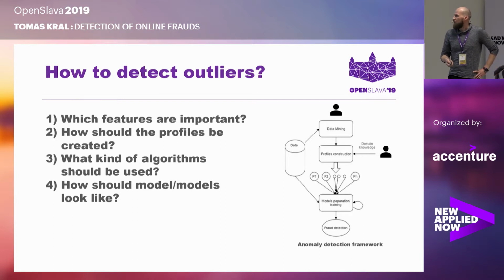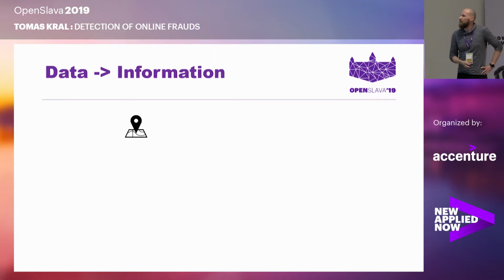This is the theory of how to do it, and what we found out is that basically we need to transfer data into information. What kind of information? For example, what is the usual location of the user?